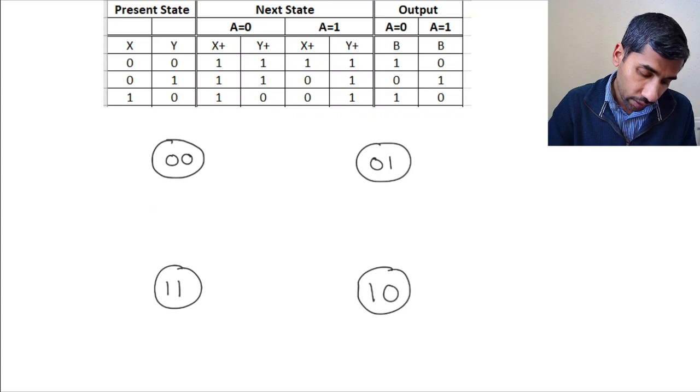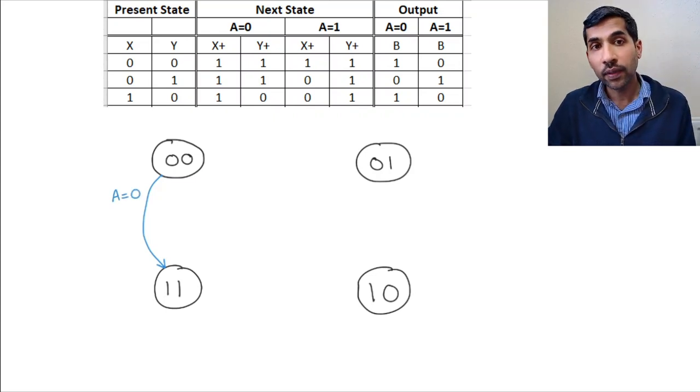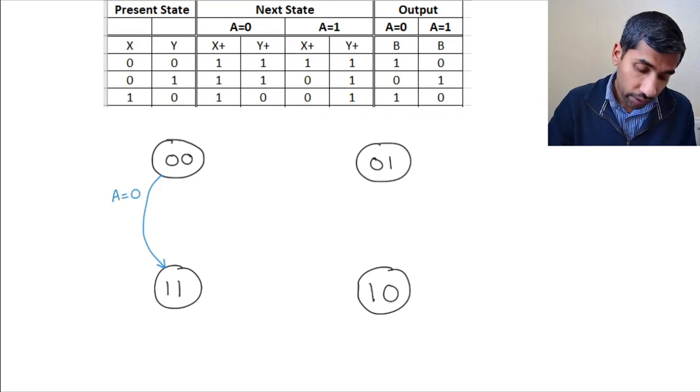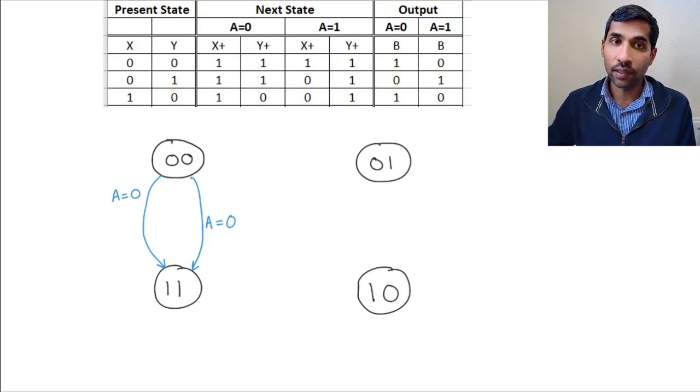So let me draw that here. When a is equal to 0, what happens when a is equal to 1? You still move to state 1 1.